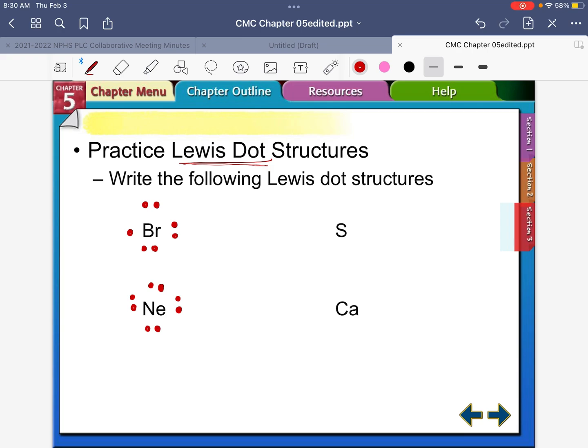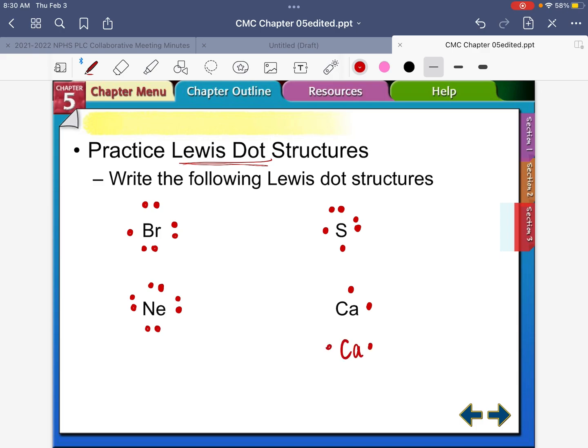Sulfur has 6 valence electrons, so I'll start off at the top. 1, 2, 3, 4, 5, 6. Those are the 6 valence electrons there. And then calcium will have 2, so I've got just 1, 2. Now for calcium, honestly, it doesn't matter which side they're on. Like this would be acceptable here.